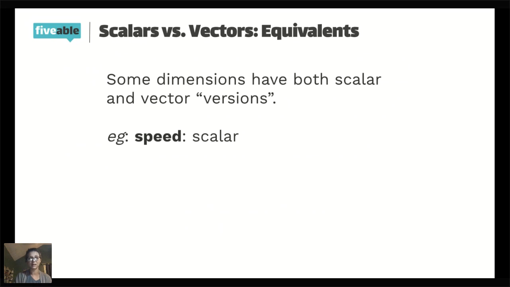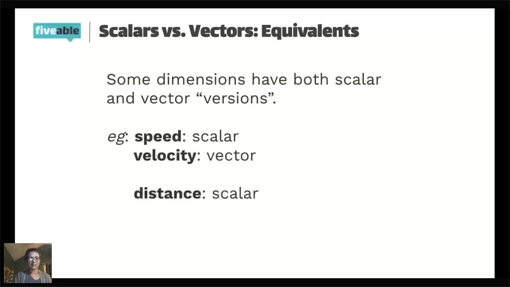A speed is just the magnitude, 20 meters per second, 70 miles an hour, full stop, with no direction attached. If we add a direction to it, then we would call it a velocity. So 70 miles an hour north or something like that, that would be a velocity as opposed to a speed. It's really common to just say speed when we mean velocity, but we should try to be precise and know which one we're actually talking about.